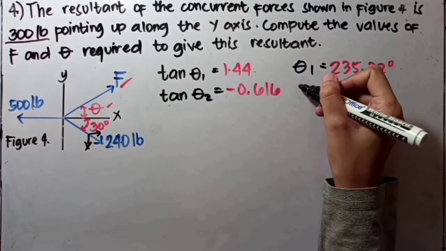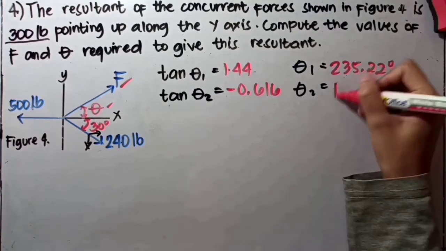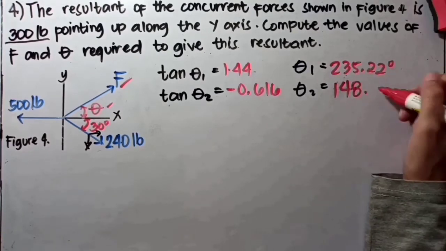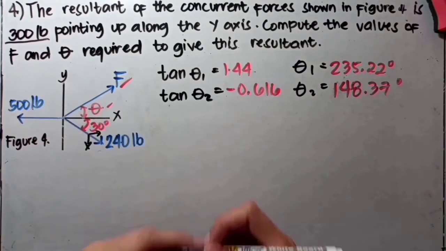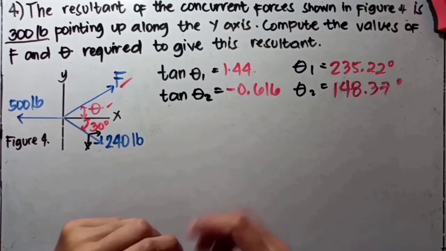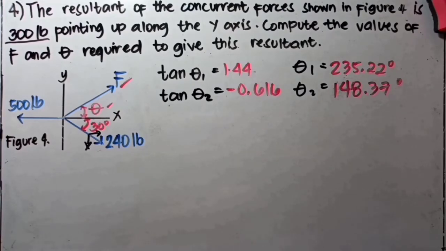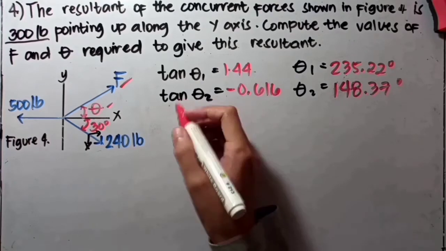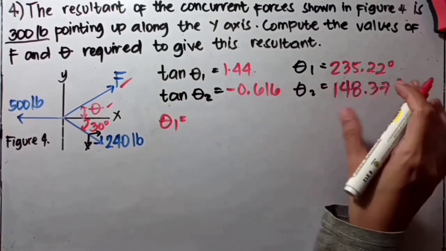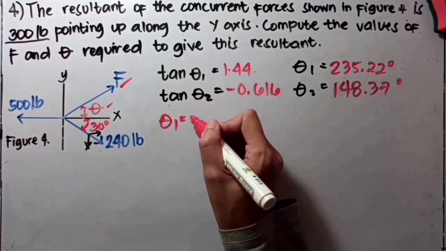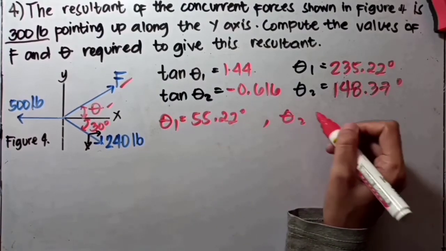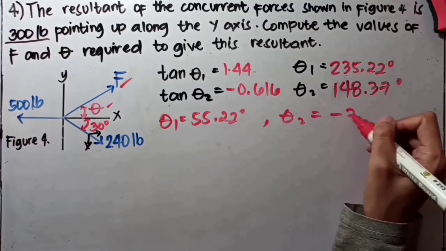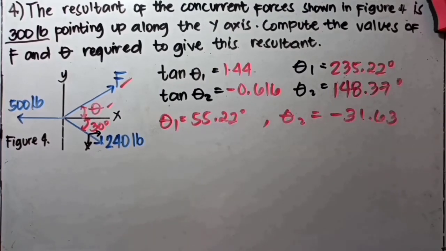And for theta 2 naman, tan theta 2 will be 148.37 degrees. Now, i-minus pa natin yan sa 180 para makuha talaga natin ang final answer for theta 1 and theta 2. So, for theta 1, kapag i-minus natin ang 235.22 sa 180, ang lalabas ay 55.22 degrees. And for theta 2, ang answer naman ay magiging negative 31.63. Ma-minus natin ang 148.37 sa 180.